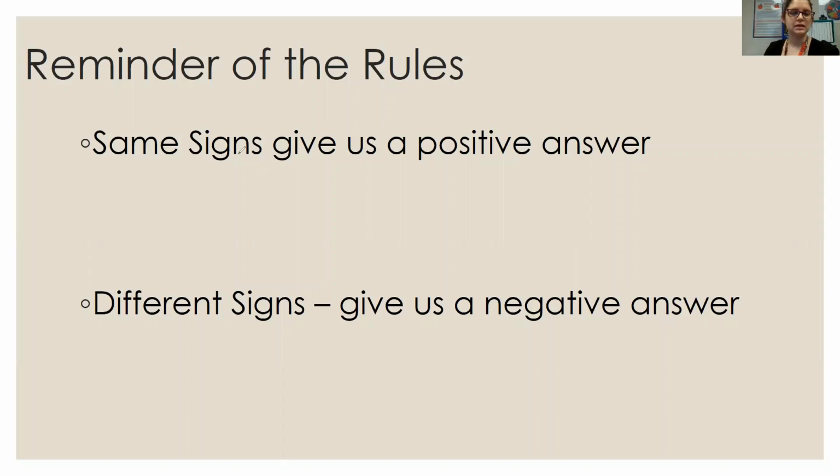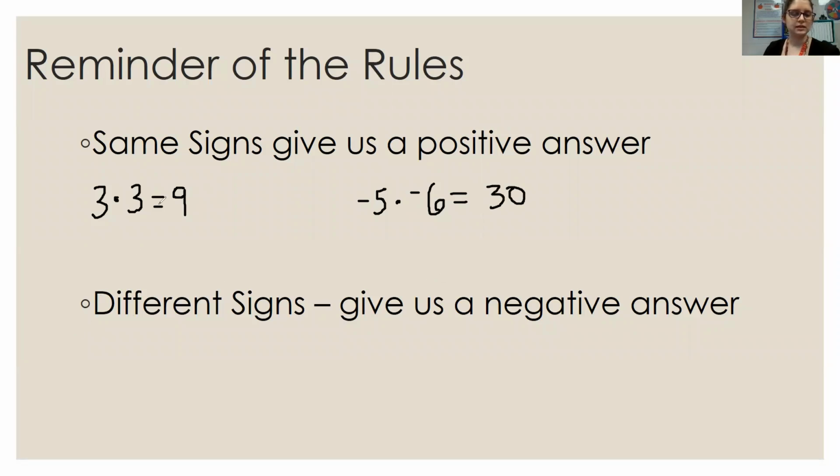When we have the same signs, that gives us a positive answer. So for example, if we had 3 times 3, both positive, that would give us 9. If I had -5 times -6, both negatives, that gives us a positive 30.